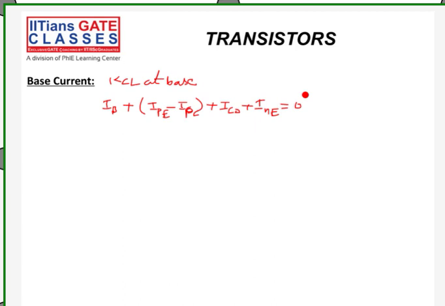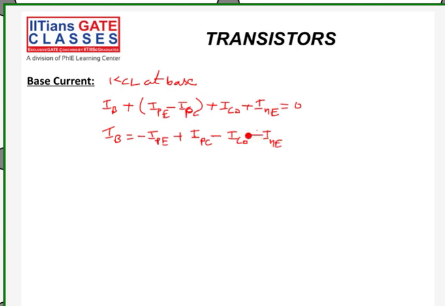Okay, so I think I can write IB is equal to minus IPE. What is this? This will be going this side, plus I can write IPC, then minus ICO, then minus INE.